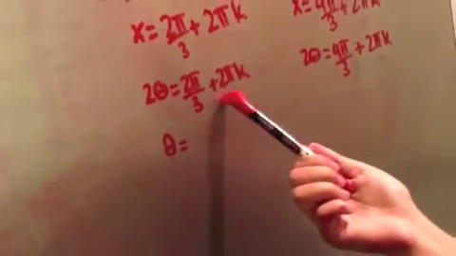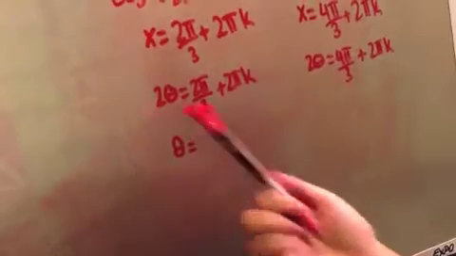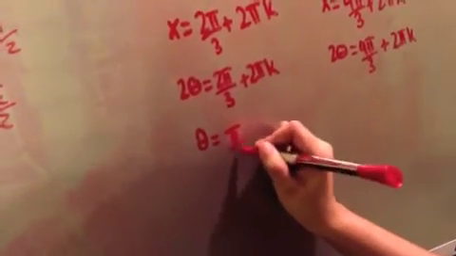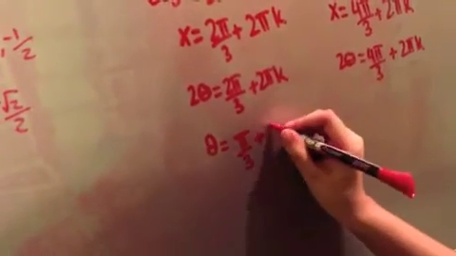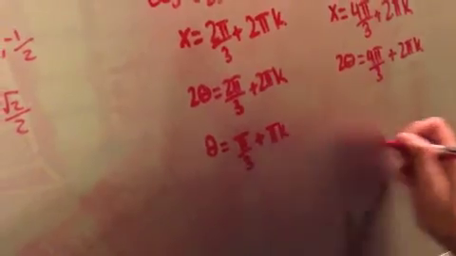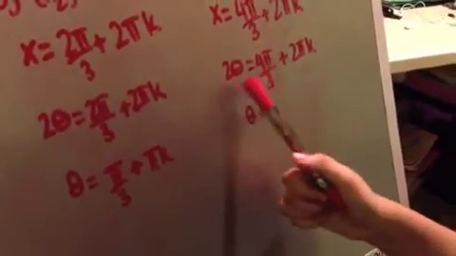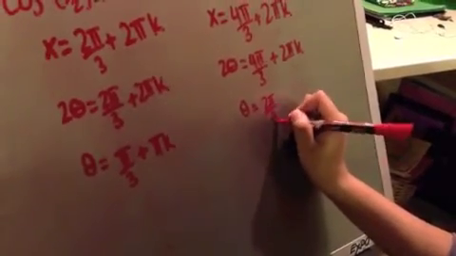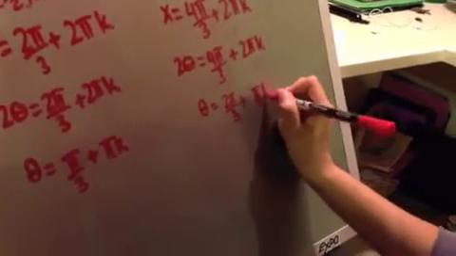You need to remember that the 2 pi k, you have to divide by the number 2 as well. So when you divide this, it becomes pi over 3 plus, 2 divided by 2 is just 1, so plus pi k. And then over here, theta equals 4 over 2, which is 2, so it becomes 2 pi over 3 plus, again, the 2's cancel, so it becomes pi k.